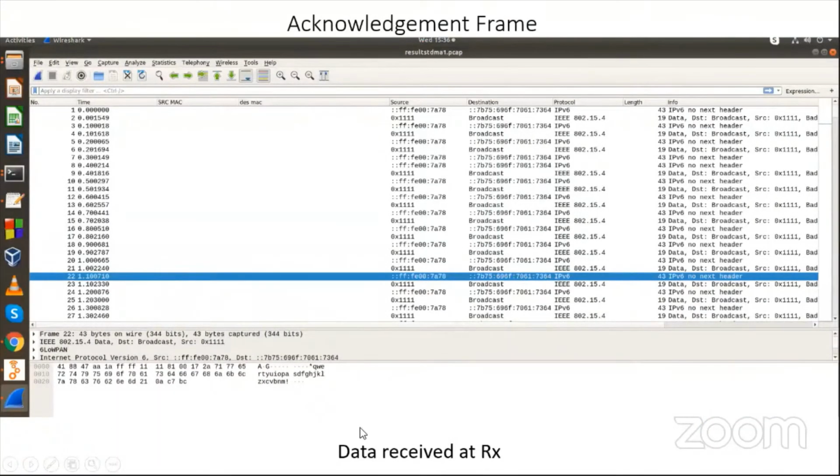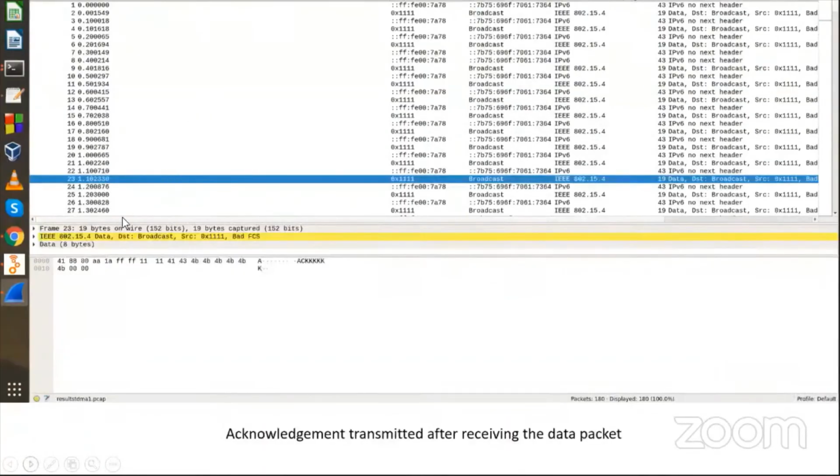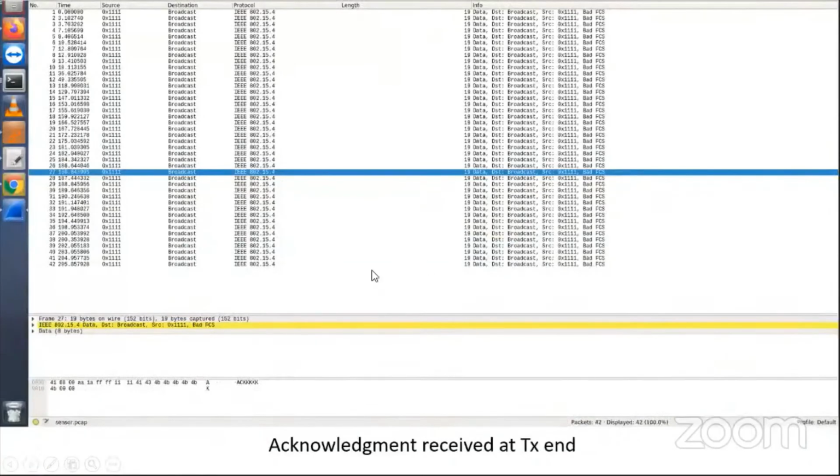Here we can see a Wireshark log where we have the data received at the 20-second time slot. Immediately after the data is received, we have an acknowledgement packet generated and transmitted from the receiver. And then the same acknowledgement is received at the transmitter end also.